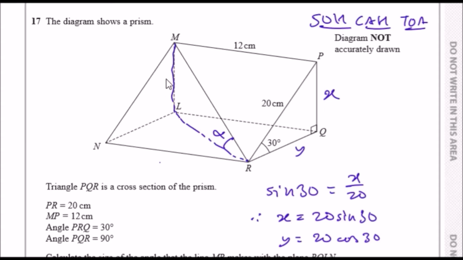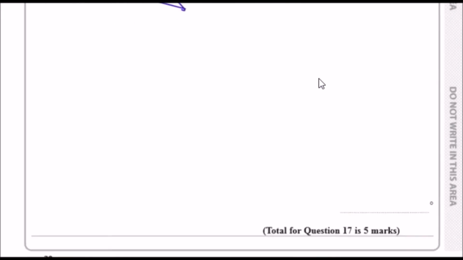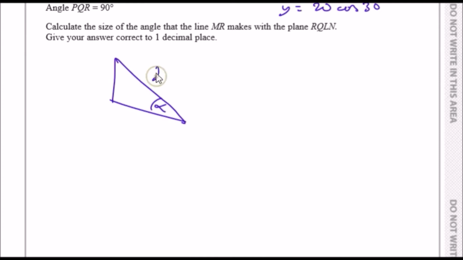So that means this height here is the same as this height here, so this height is also x. Now the diagonal length, let's call this d, the big diagonal. That's basically y squared plus x squared plus 12 squared will give us d squared. So d squared equals x squared plus y squared plus 12 squared.